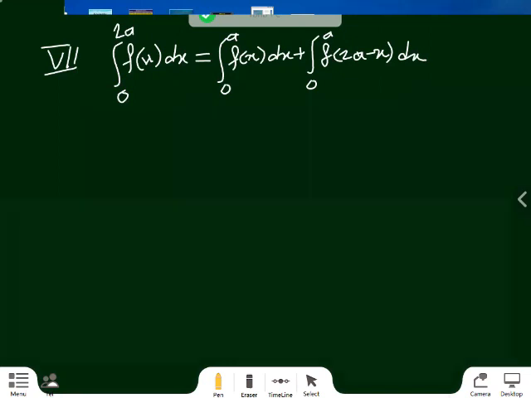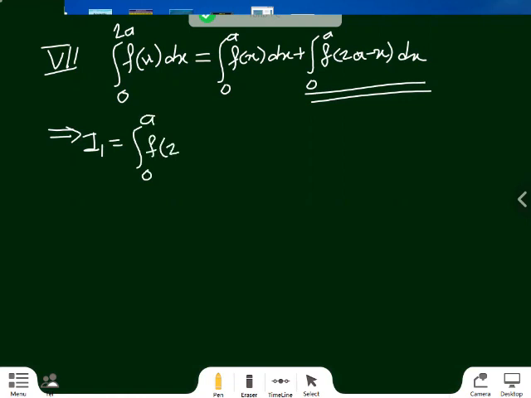Now, to prove this property, we consider the second part of the RHS first. Let's say I1 equals to integration from 0 to a f of 2a minus x dx.